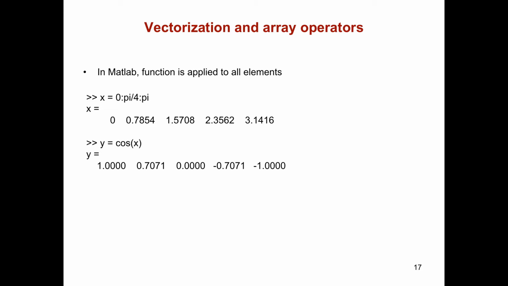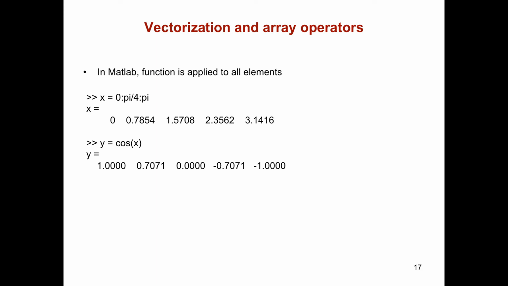So if I was doing acos or cos or any other built-in function, you can do cosine of x where x is a vector, and it's going to compute for every element of that vector. Give it a try. Type in x. X has values between 0 and pi, and the spacing is pi over 4. This should be the result you get.